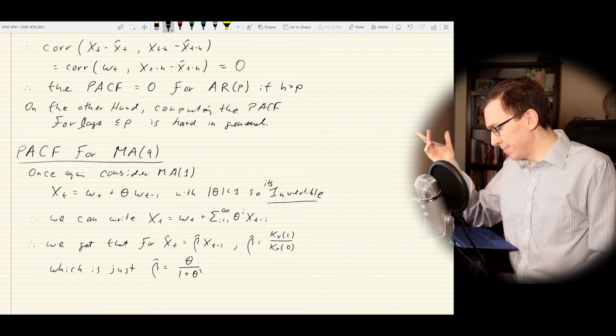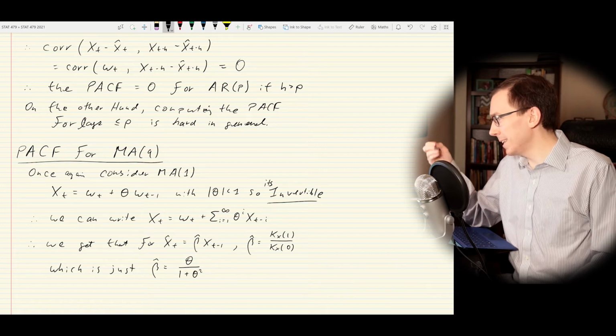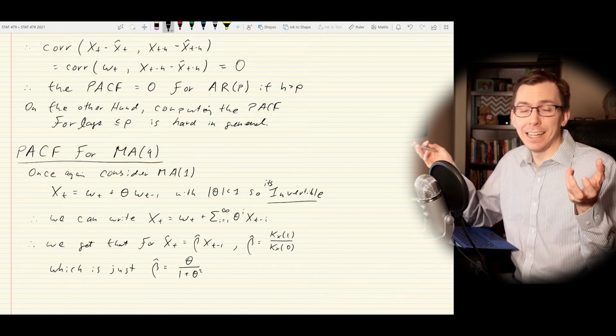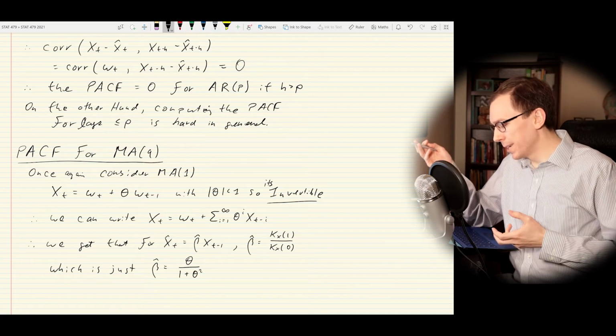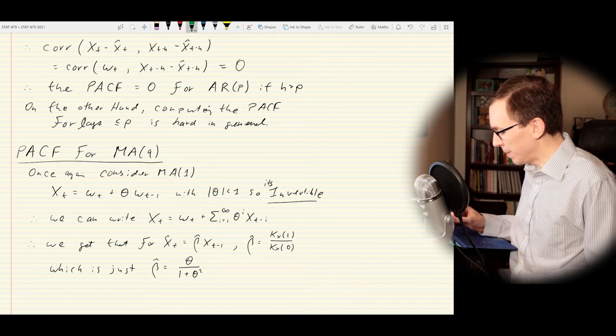This is simply what we're saying: if I wanted to compute, say, something like the partial autocorrelation at lag 2, then what I would need to do is take xt and predict it based on xt minus 1. So I get this exact same equation as last time with a single beta hat.